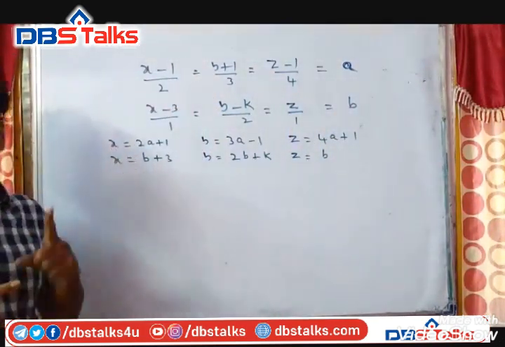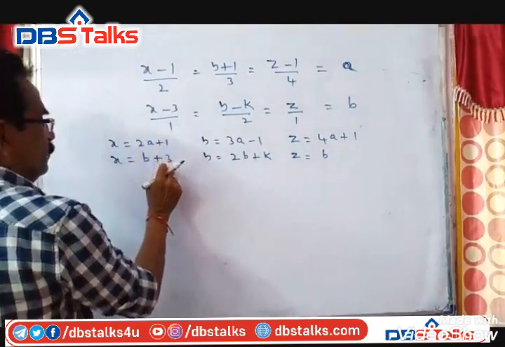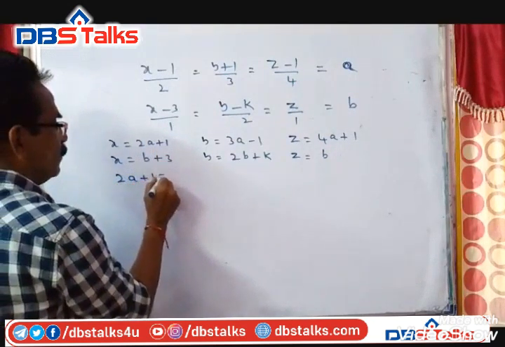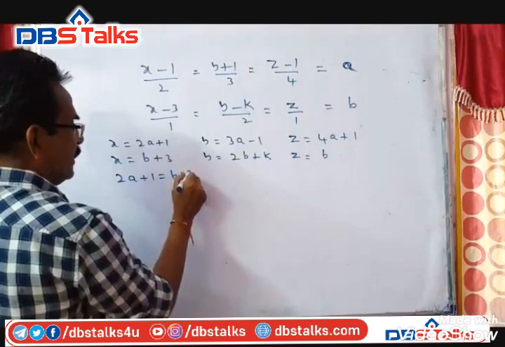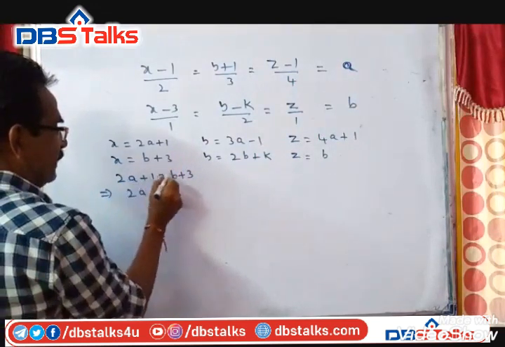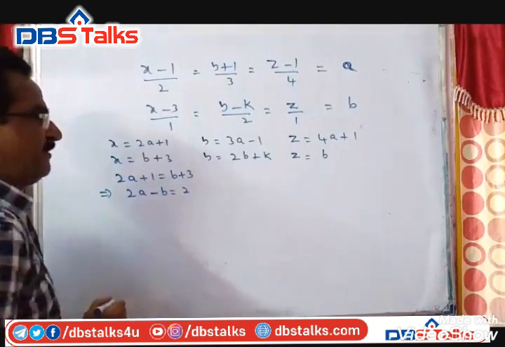So there exists a common point. So this is equal to this. 2a plus 1 is equal to b plus 3. It implies 2a minus b is equal to 2. This is one equation.